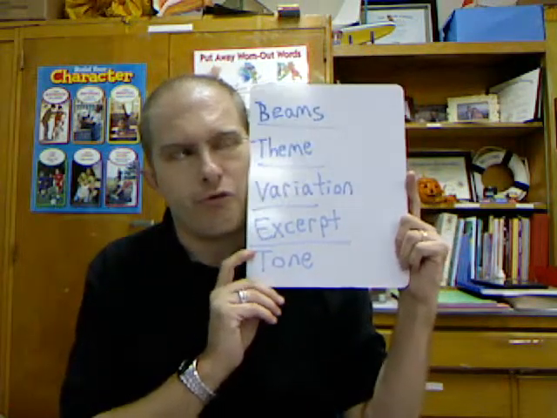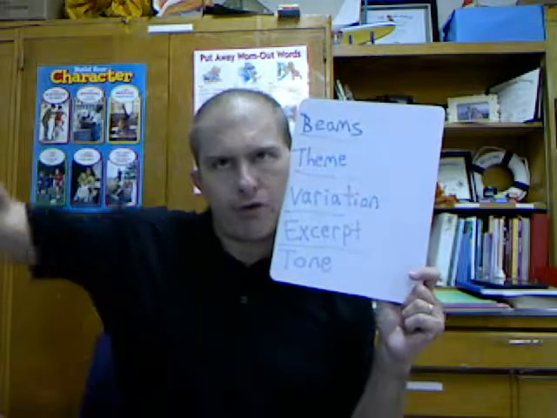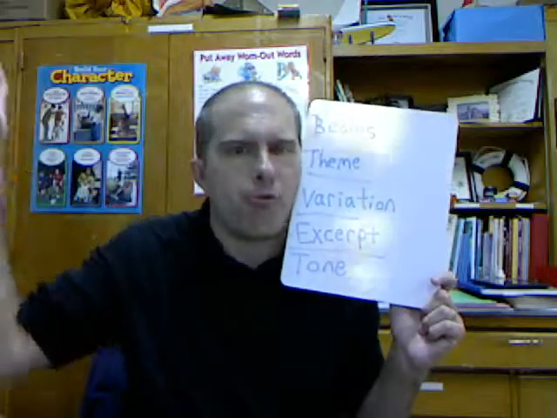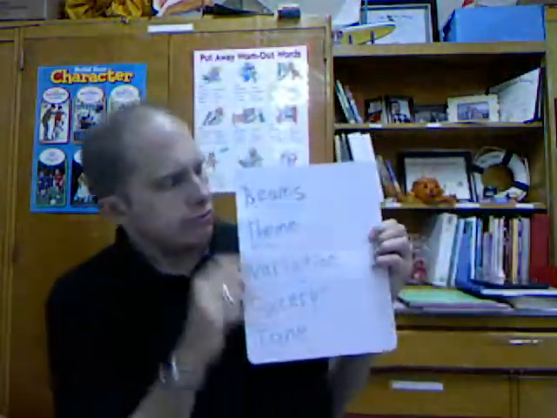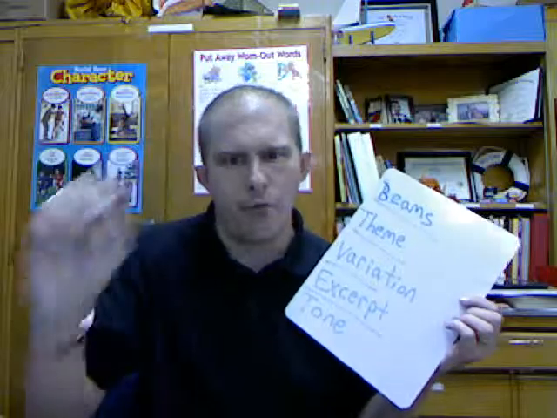Beams, just so you know, are those thick pieces of wood or steel, usually holding up a building or a porch or something like that. Theme is the main topic, the main point or topic. Variation is the different approach to the topic, a different variation of how you want to approach a topic.